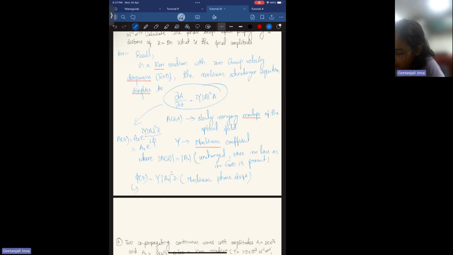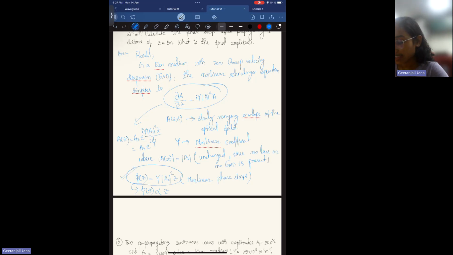We can see here that phi of z is directly proportional to z. This equation is only applicable whenever we have zero GVD in the system. If it is not zero, then the expression will be different.